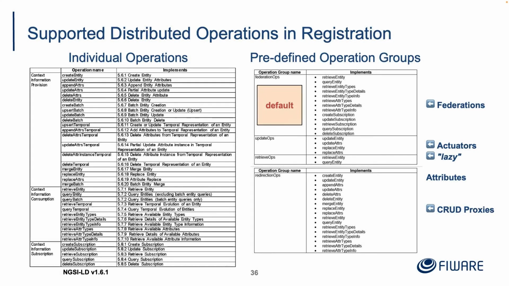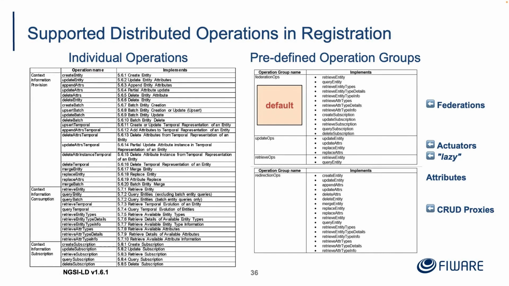So create entity is called createEntity in camel case. Update entity is called updateEntity in camel case, and so on and so forth. So you could say, I can just do that one operation. But to be perfectly honest, you probably don't need to bother. There are currently 4 standard predefined operation groups, which would be sufficient.